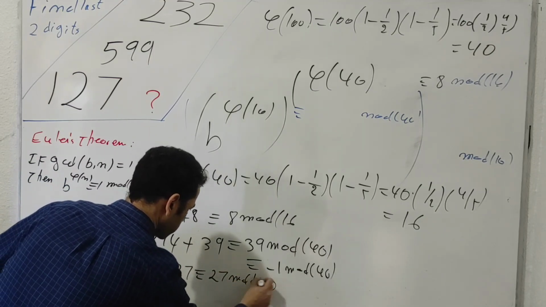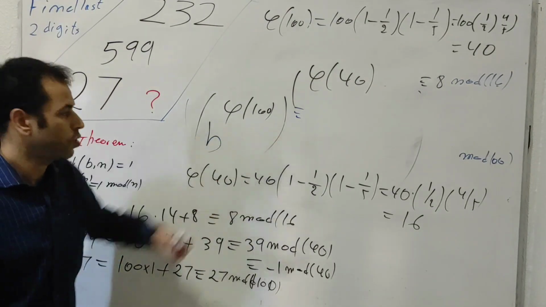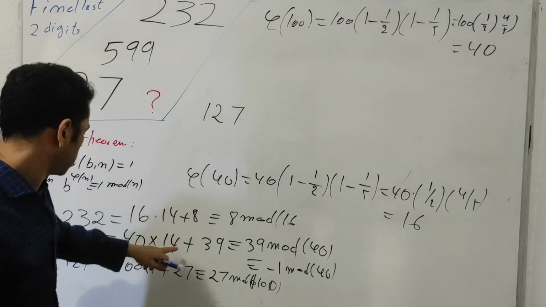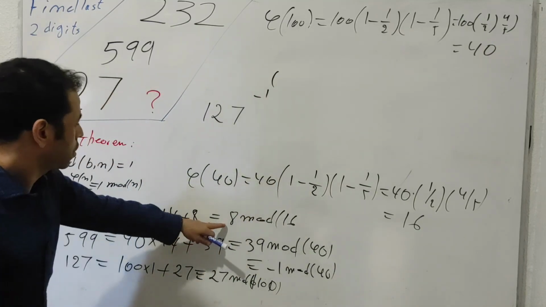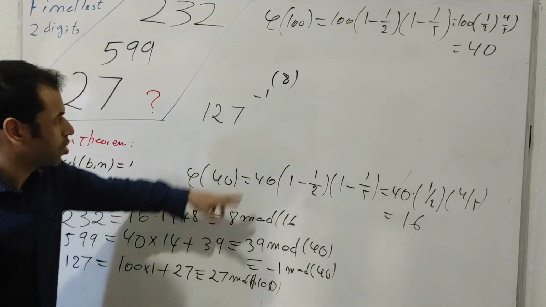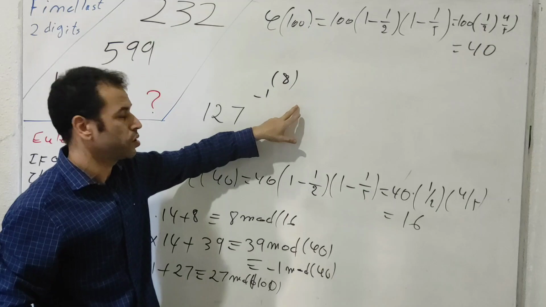Okay, now I'm going to replace all this information here. 127 to the 599 to the 232 will be replaced with 127 to the minus 1 to the 8. I'm just putting the remainder, because the most important thing is the remainder.